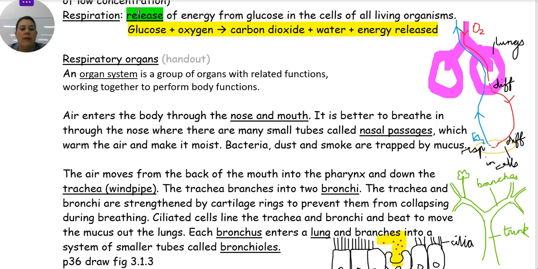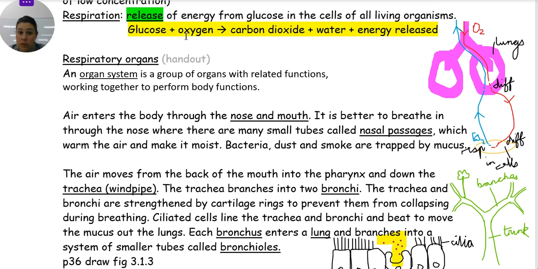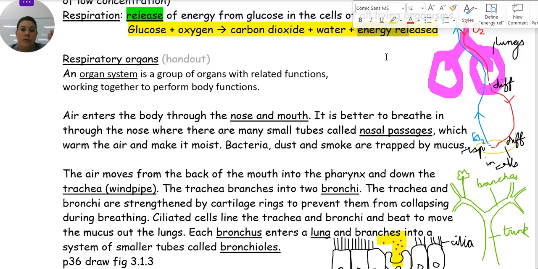So respiration is getting that energy from food, and your food gets broken down into glucose. The glucose and the oxygen that you've just breathed in undergo a chemical reaction. The products are carbon dioxide, which you breathe out, water, which can stay in your body, and energy. The energy is what we use to live.